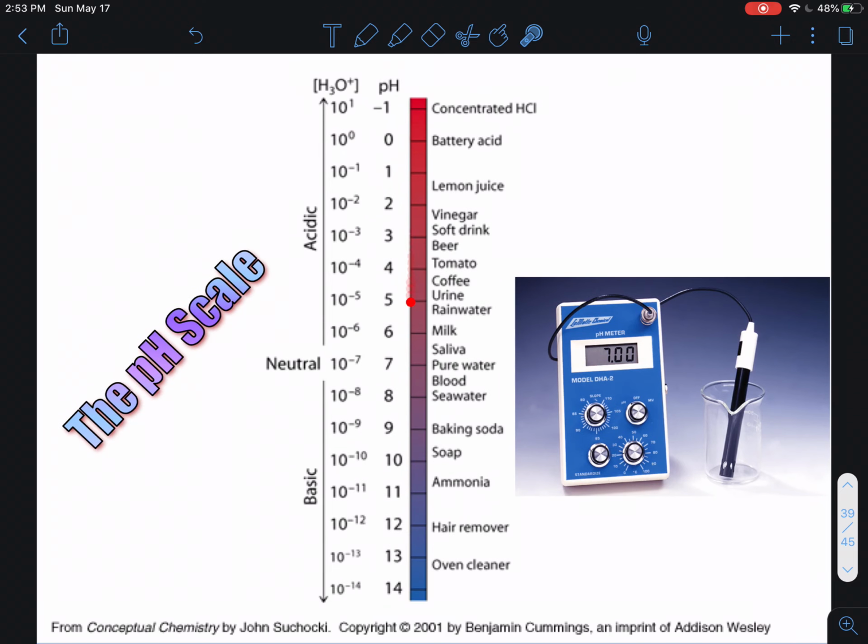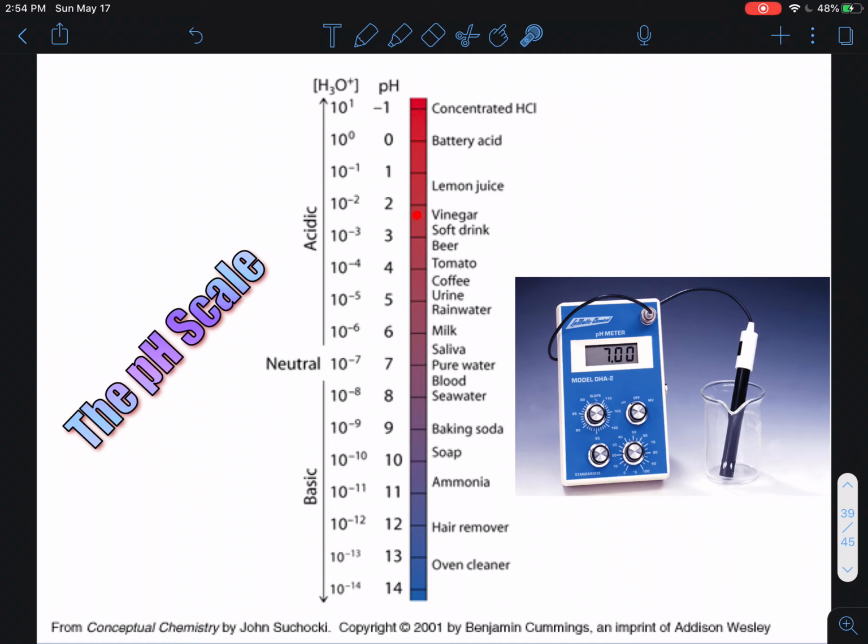So here's the scale right here. Here is the actual molarity, and again, this is all based on the concentration of hydronium ions. Concentrated HCl is given at a pH of roughly negative 1. Battery acid is at 0.